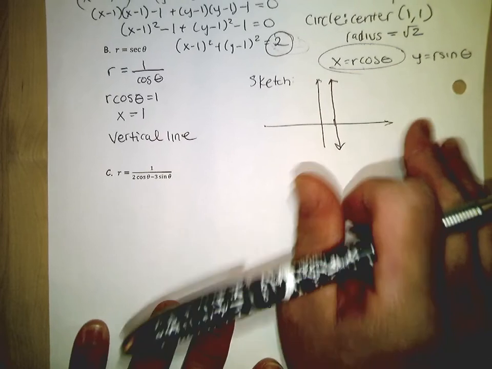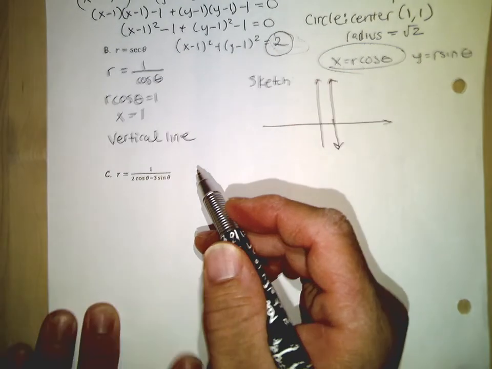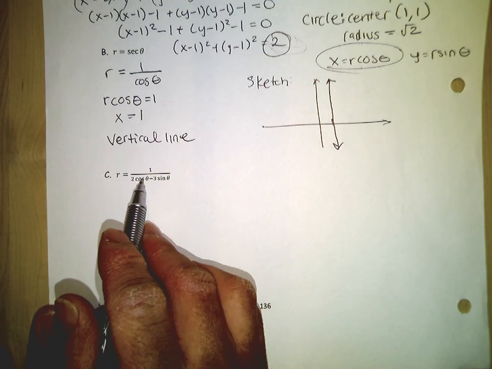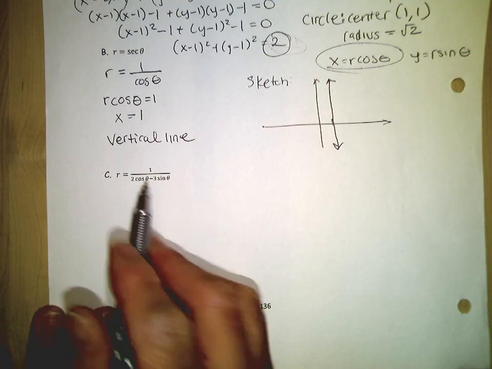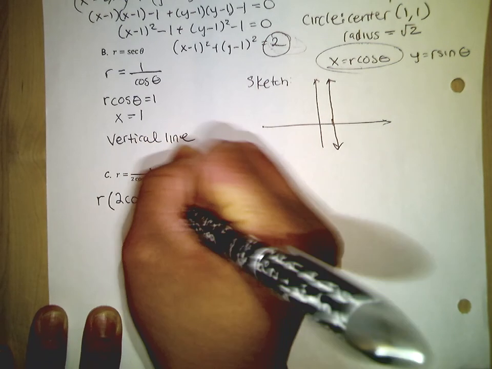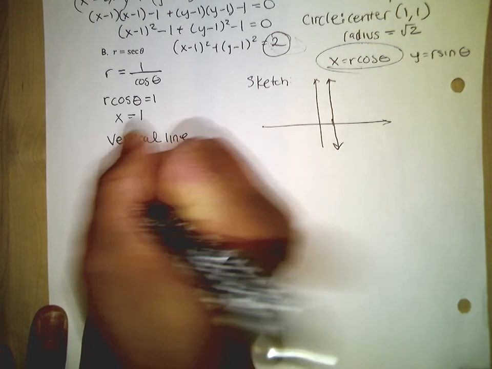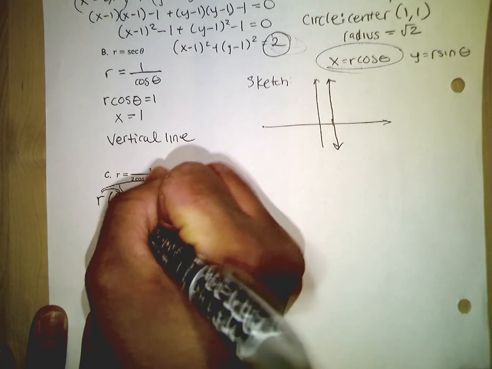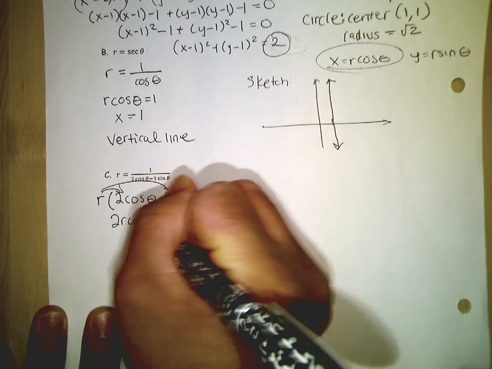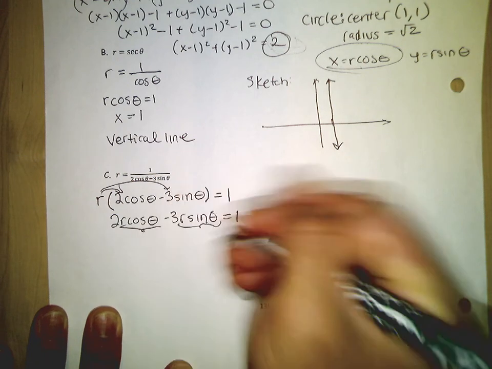Now, let's try another one here. Let's start by multiplying by 2 cosine theta minus 3 sine of theta on each side. So r times 2 cosine of theta minus 3 sine of theta equals 1. Let's distribute the r. So we have 2r cosine of theta minus 3r sine of theta equals 1. But r cosine of theta was x and r sine of theta was y.